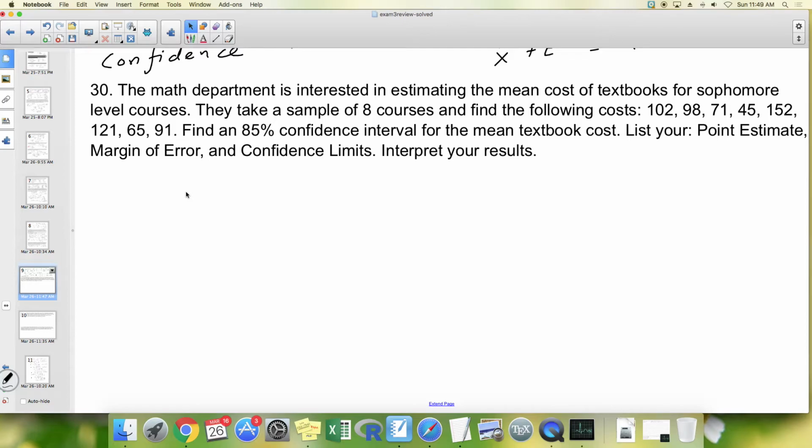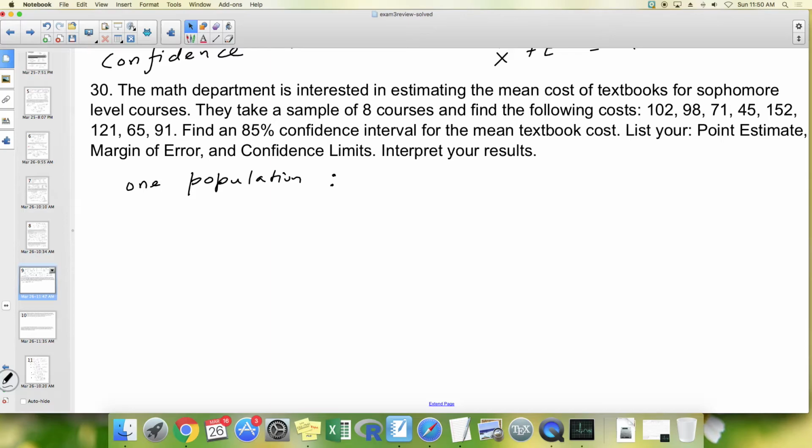Okay, once again, it's a confidence interval problem. So chapter 7. Is it one population? Yes, it is. Next, is it like x bar, mu, or is it like p hat?